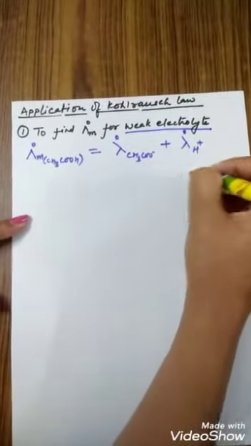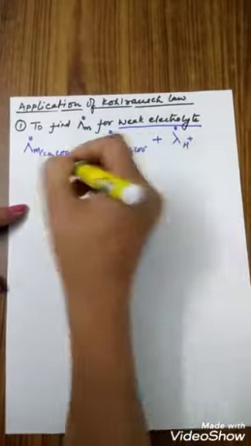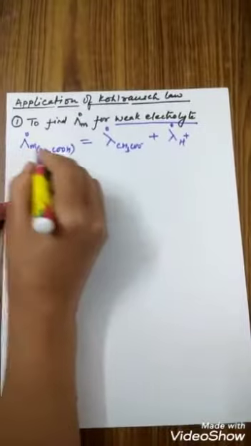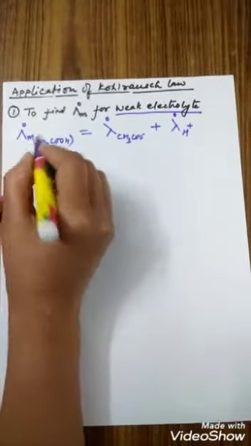So if we get these values, we can find lambda m naught for acetic acid. Now, how will we get it?